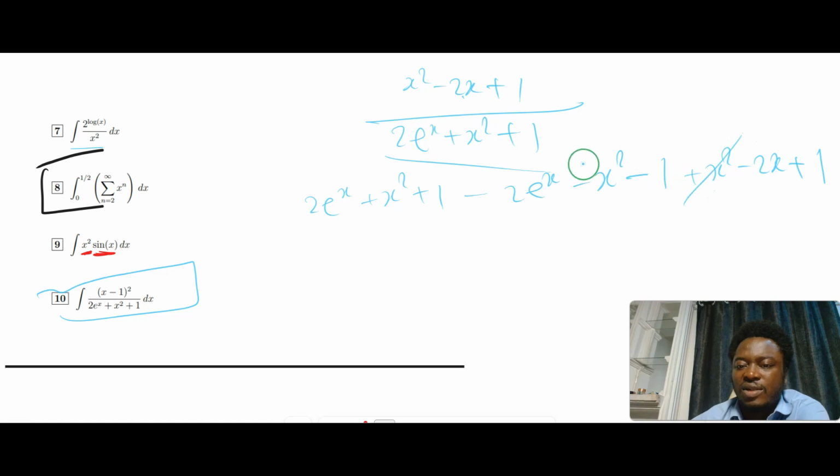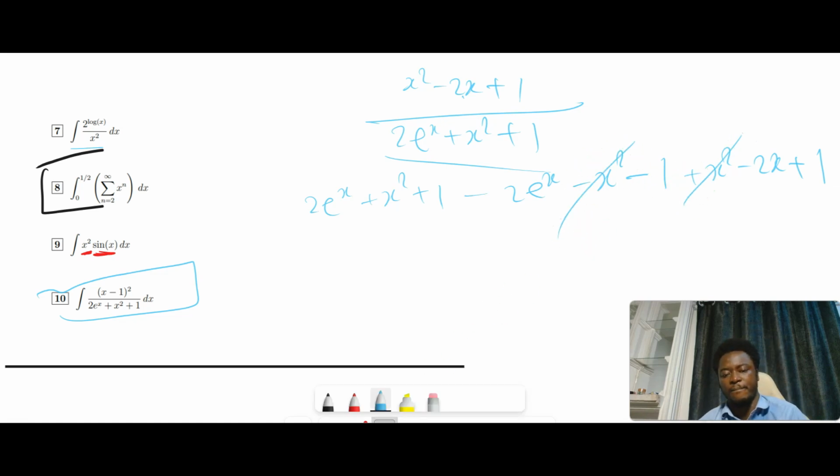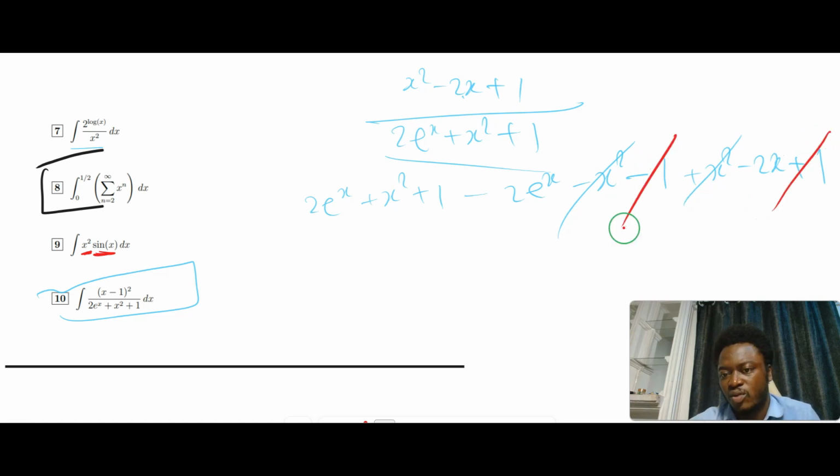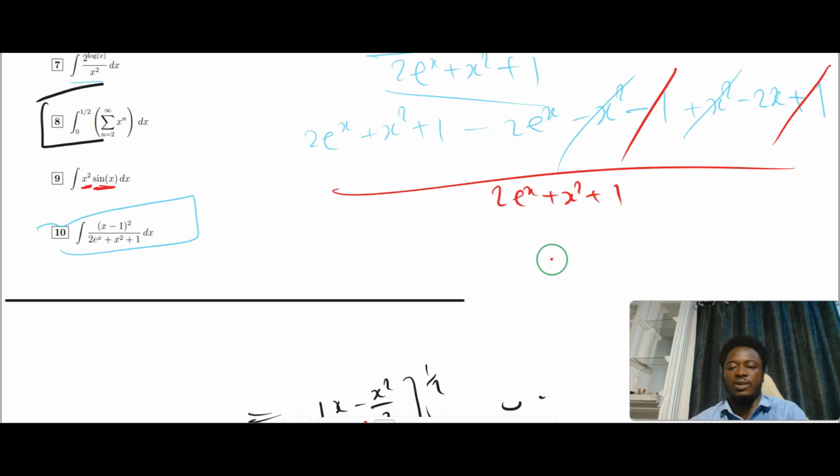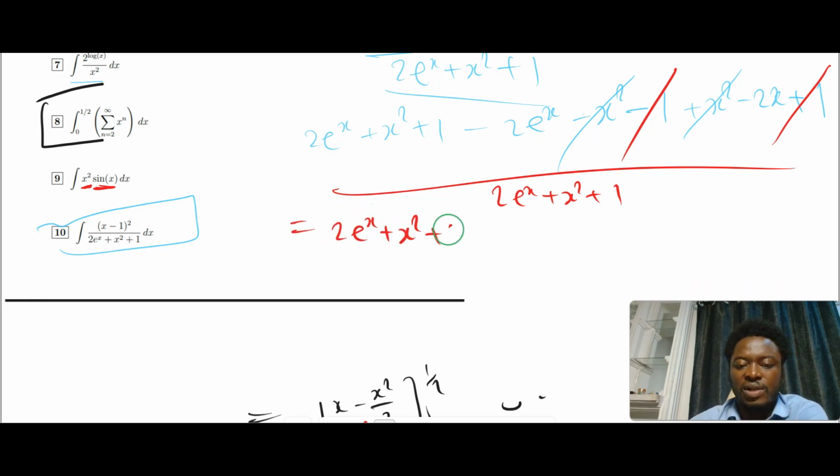So I'm going to cancel out this x squared. Then I'm cancelling out this 1. Everything is divided by 2e to the x plus x squared plus 1. So when all of this is said and done, I'm getting 2e to the x plus x squared plus 1, minus 2e to the x, and then 1.